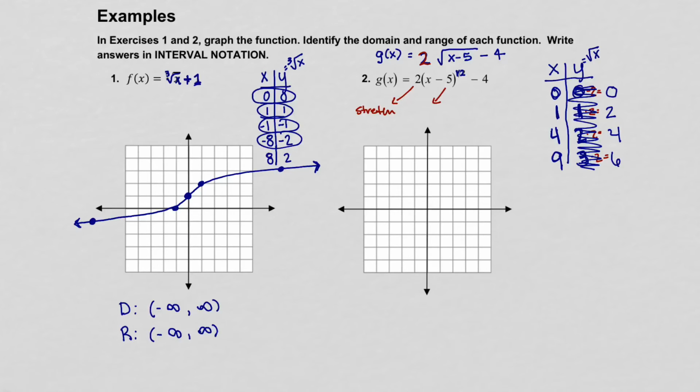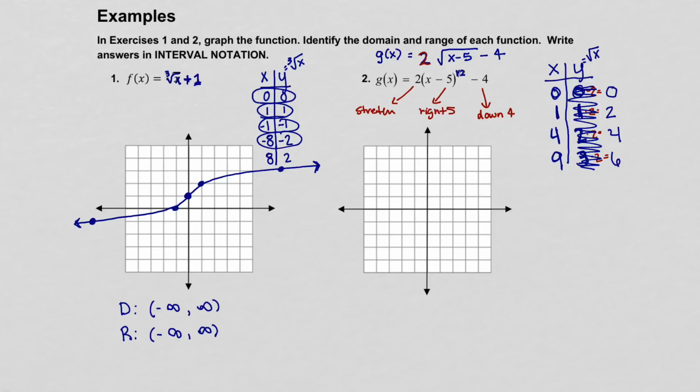Well, it's inside the grouping. So I know I'm going to go left and right, opposite of what I would anticipate normally. So I know that I am going to go to the right 5 units. And finally, out here on the end, all by itself, I know I'm going to have to start down 4 units. The entire graph shifts that.